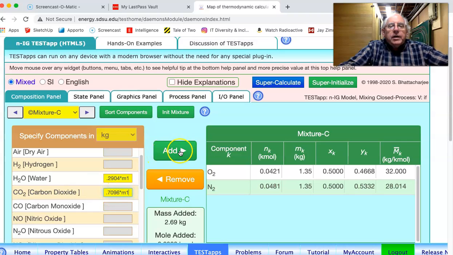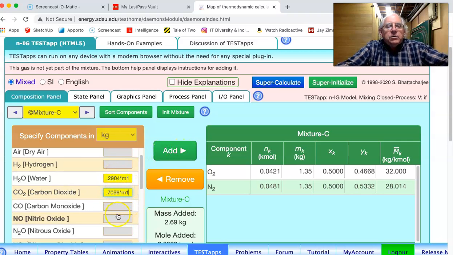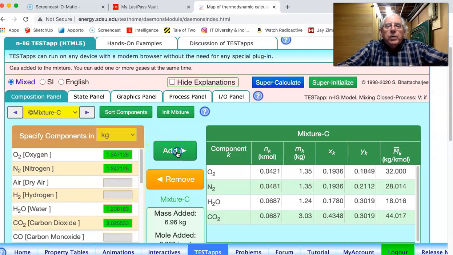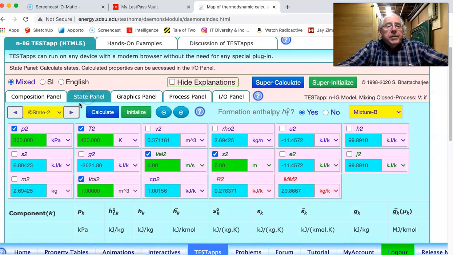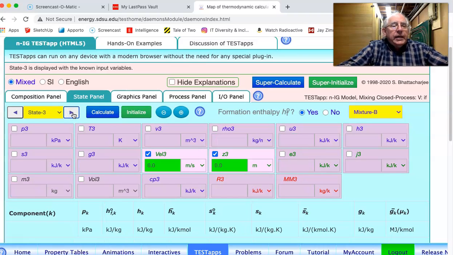We can add those. Yes indeed, they have the same mole fraction because they are equal molar. Now this is the makeup of the final mixture, which is state 3.